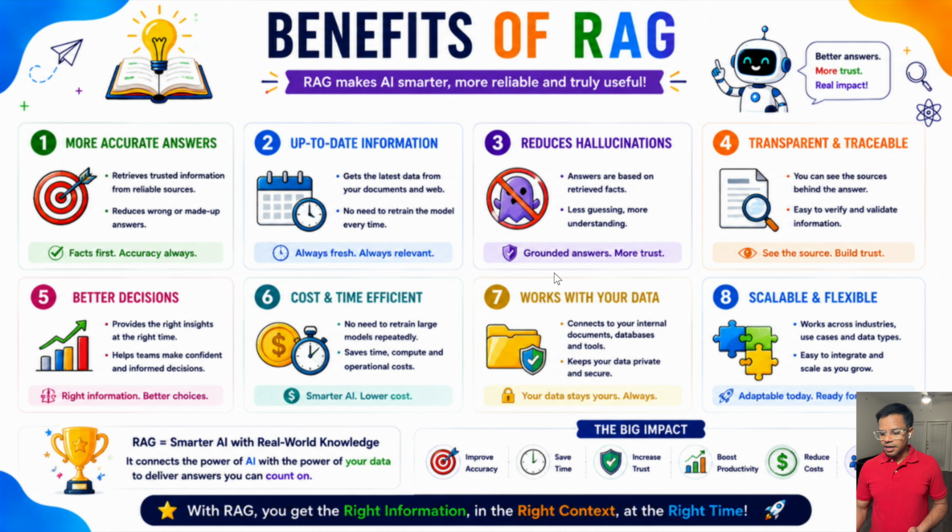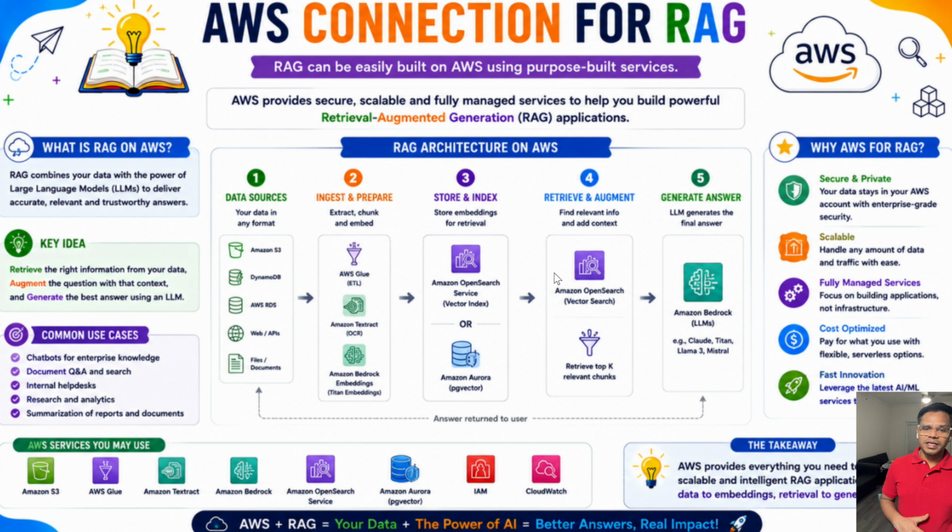So now let's understand the AWS connection. AWS offers a managed service called Amazon Bedrock, which makes it easy to build generative AI applications. With Amazon Bedrock, you can create RAG-based solutions using your own documents without managing complex infrastructure.